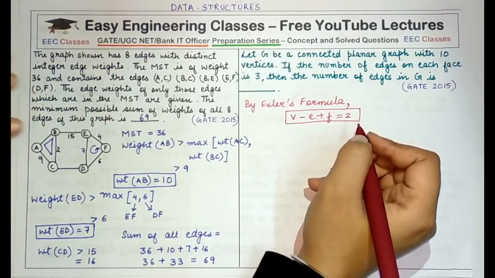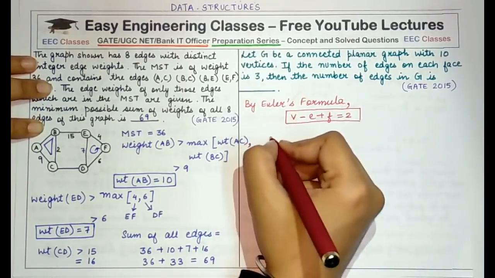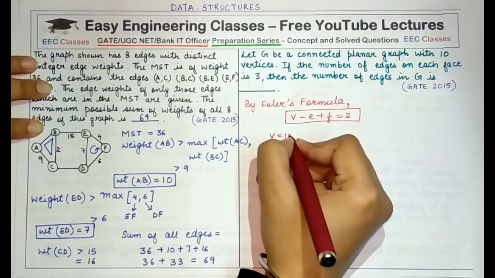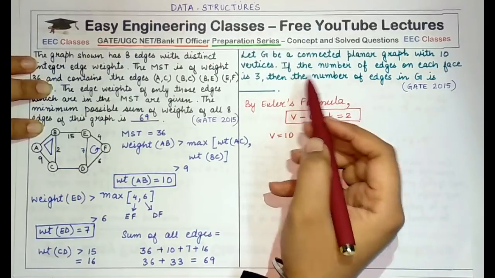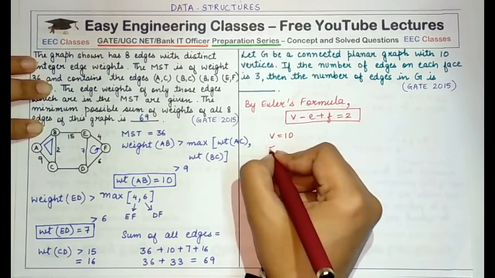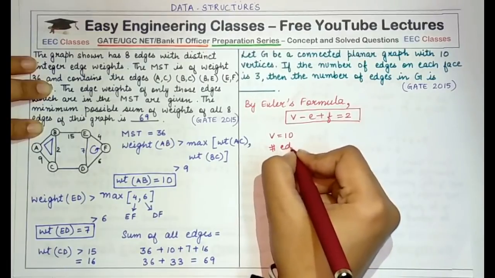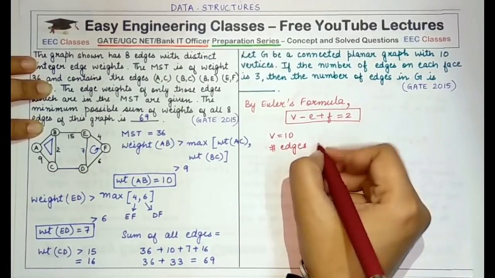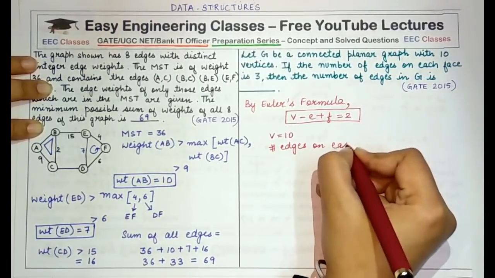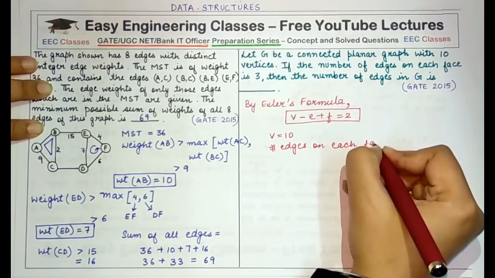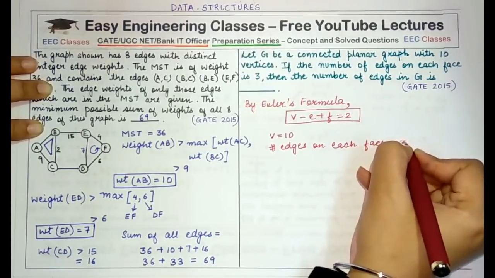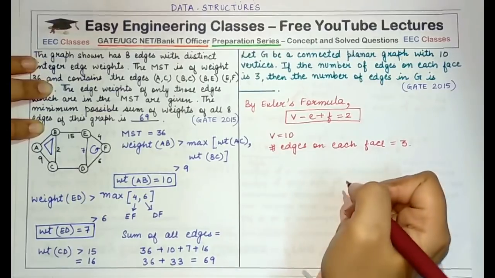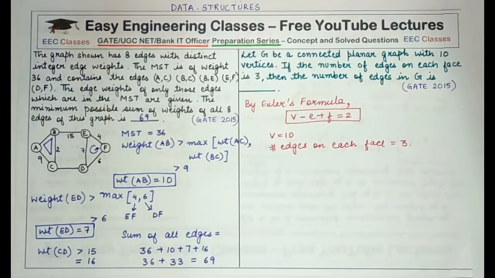Since you are given that the number of vertices is 10, and you are also given that the number of edges on each face is 3.